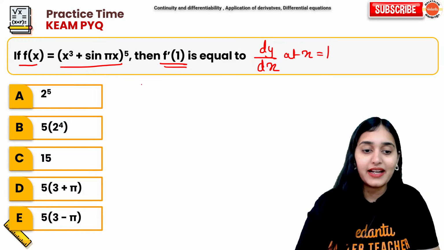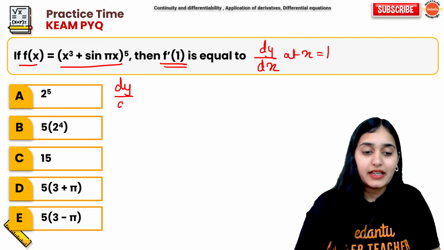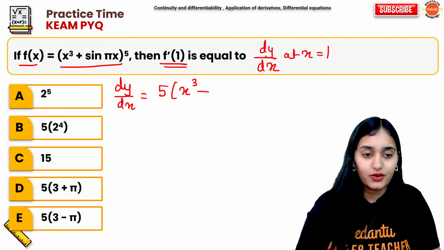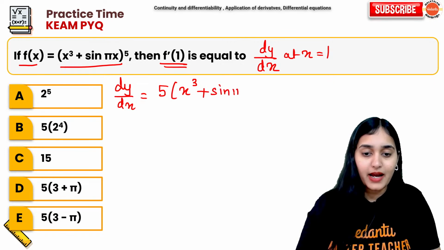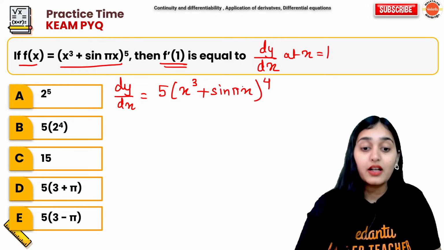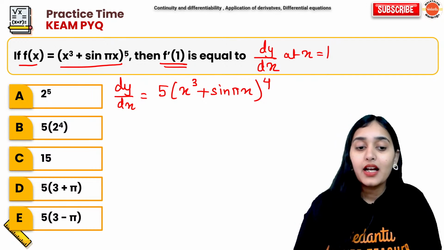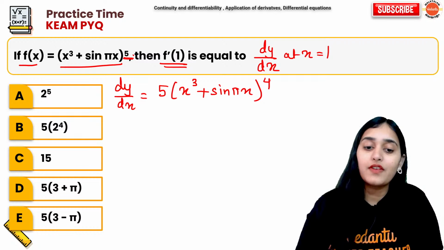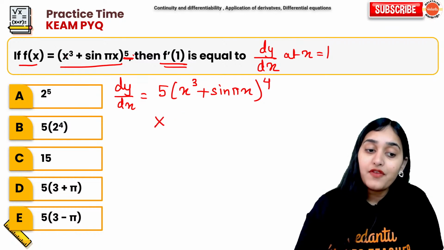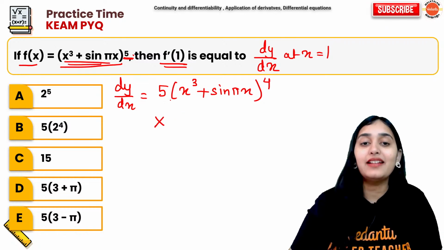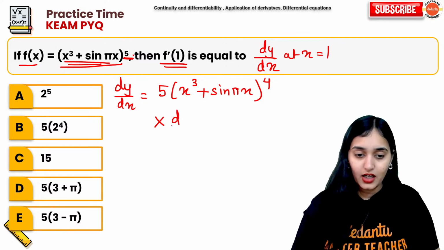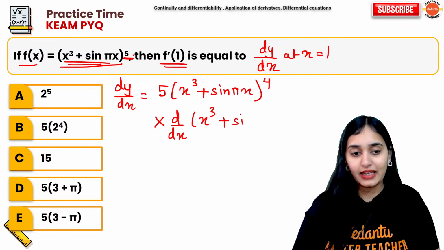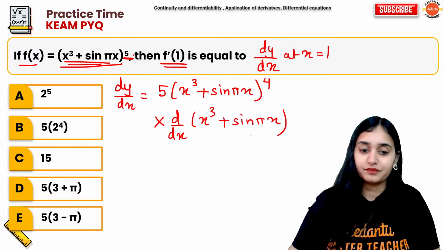So just differentiate. So dy by dx is equal to 5 into (x cube plus sine pi x) to the power 4. Now what happened here? We differentiated this. So 5 in front, 5 minus 1, 4. Now you have to differentiate what is inside the bracket. So you have to do d by dx of x cube plus sine pi x.